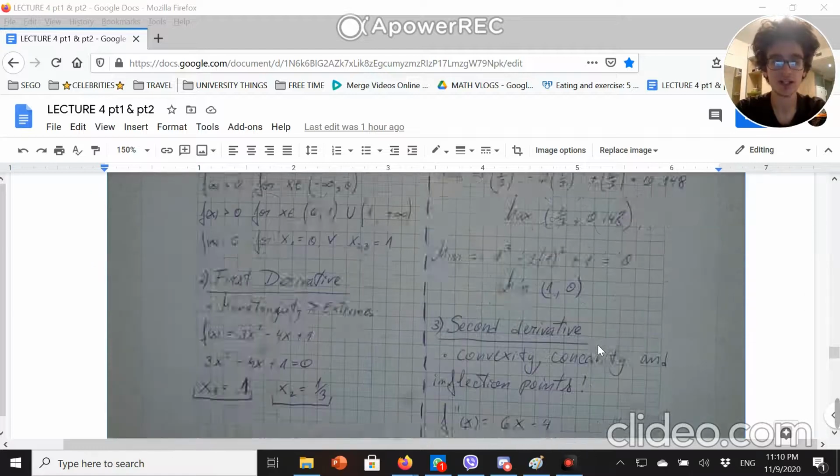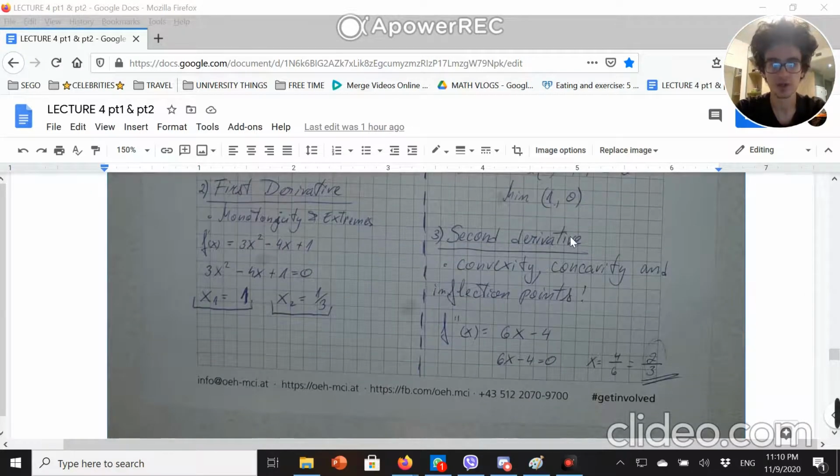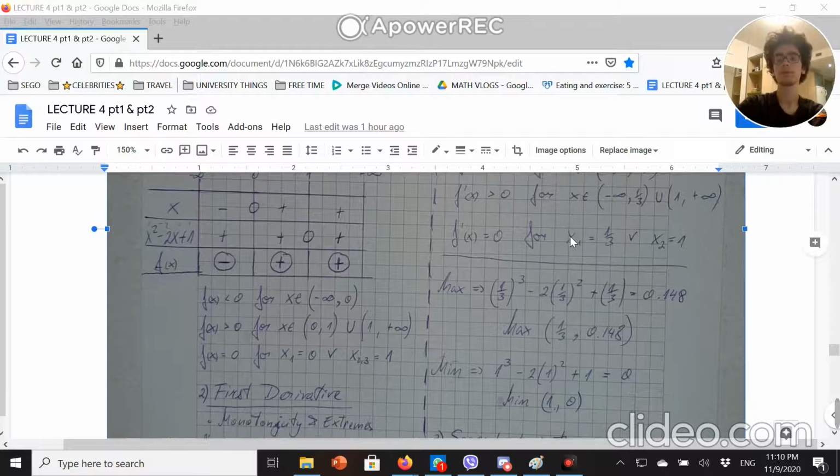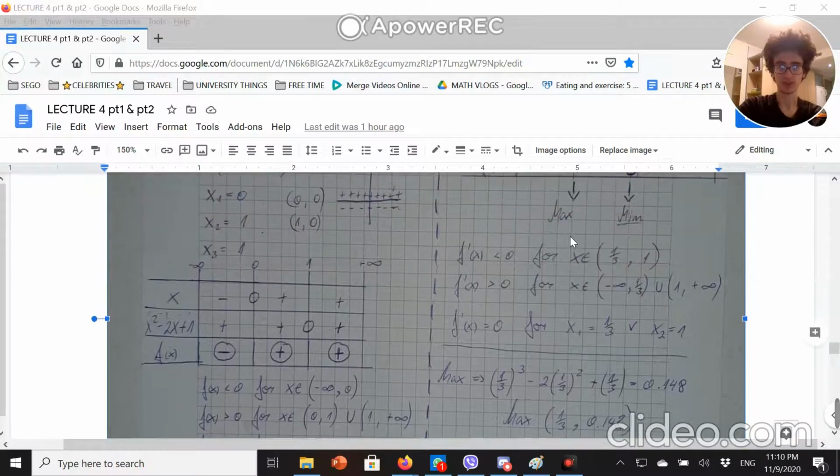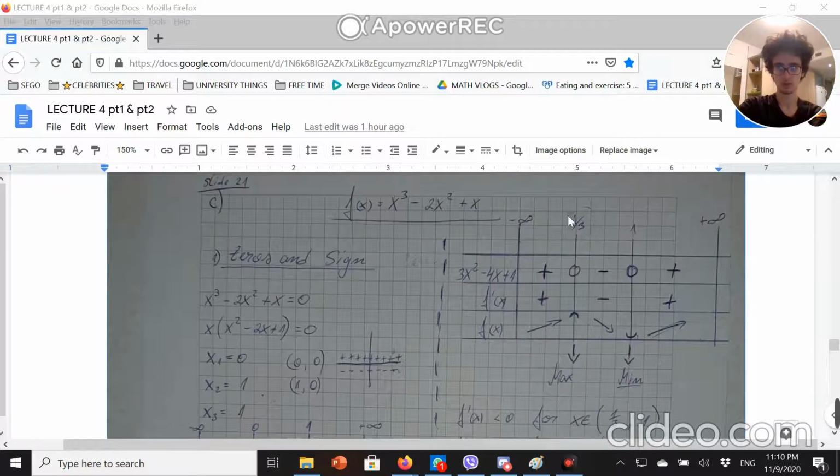And now let's calculate our extremes, which means our maximum and our minimum. We said that our maximum is when x is 1 over 3. Take that value of x and substitute it in the initial equation. So instead of x to the power of 3 minus 2x to the power of 2 plus x, replace x with 1 over 3.